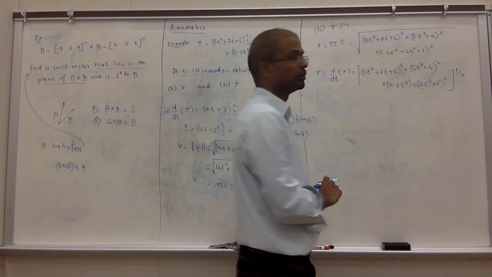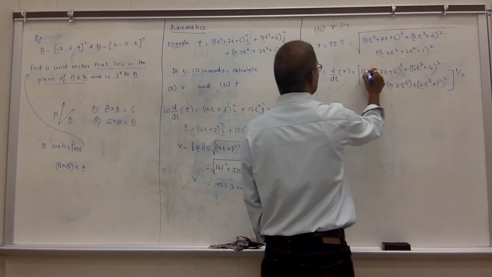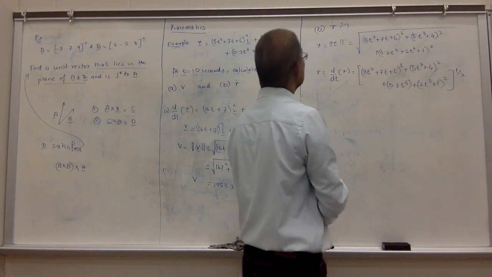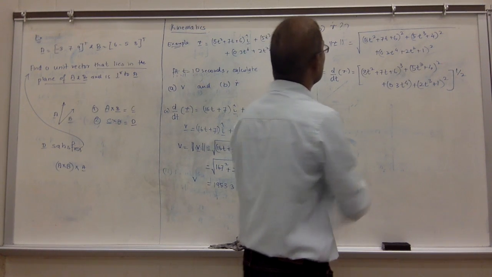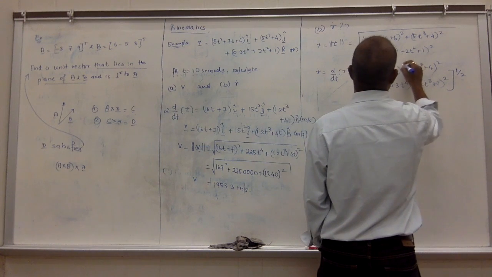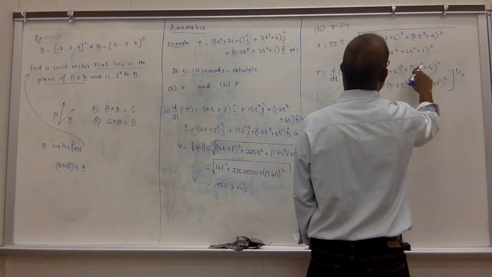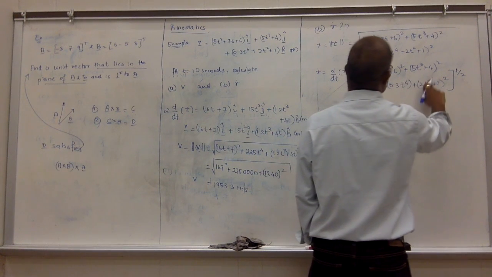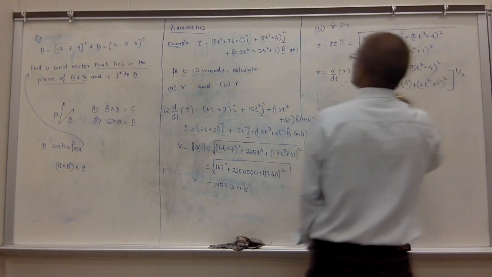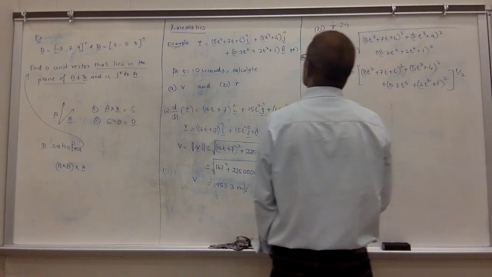Sorry, that's cube and square, and the 2t cube is actually 2t squared. Okay, is it better?